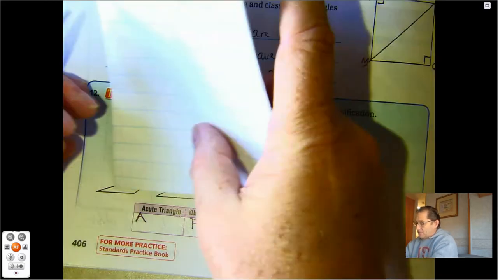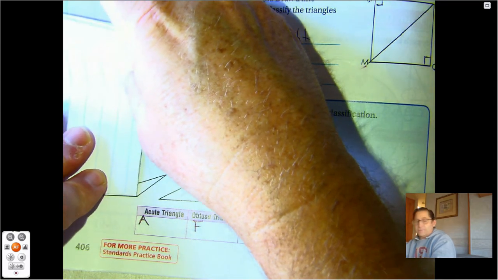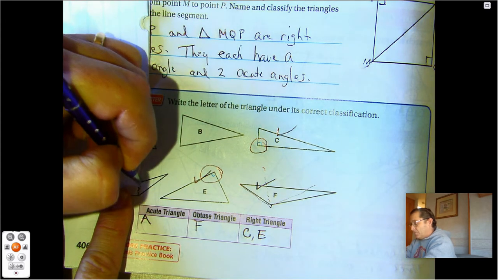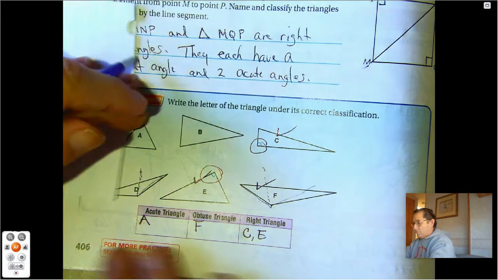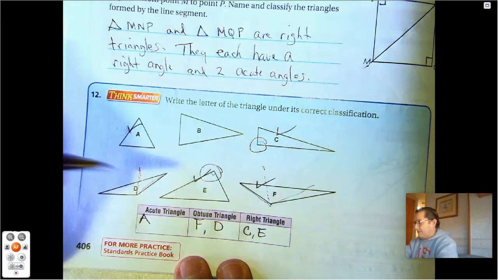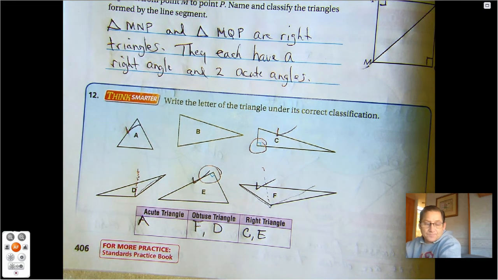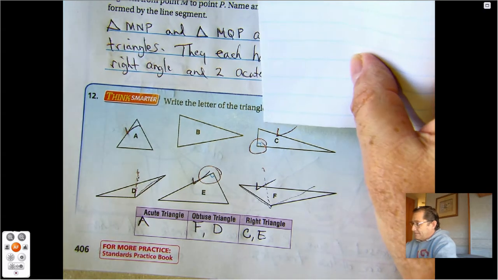Looks like D is also obtuse. Line up the corner of the paper. If it was a right angle, it'd be going straight up here. It's not, it goes way out. So triangle D is an obtuse triangle. And that leaves us B. And so B looks like an acute triangle.